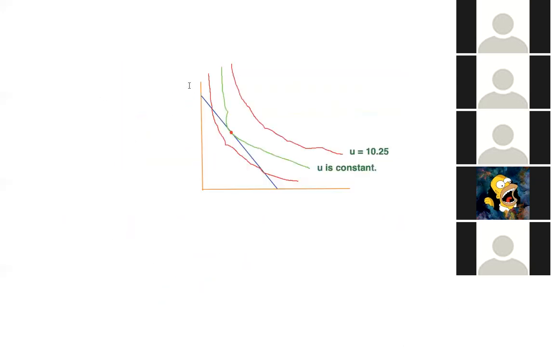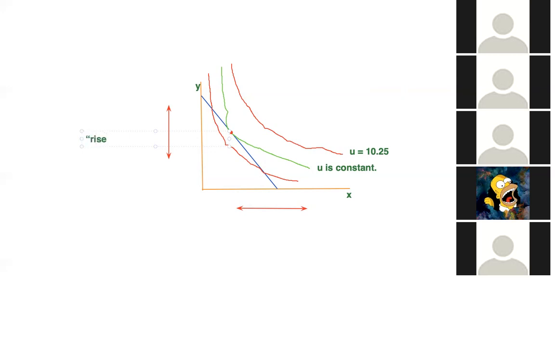Remember, this is the y-axis, and this is the x-axis, right? If I talk about rise, I'm going up and down, right? And if I talk about run, I'm left and right, right?